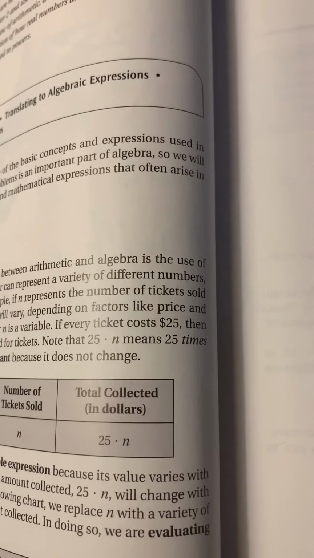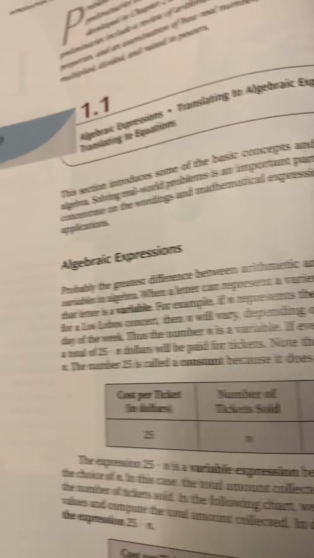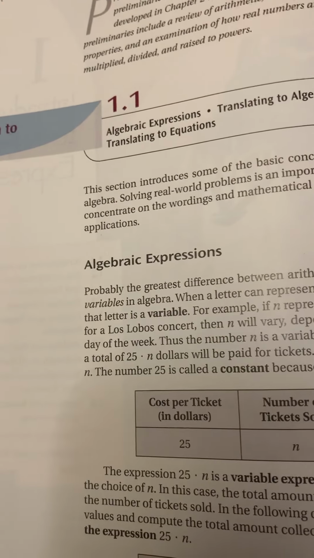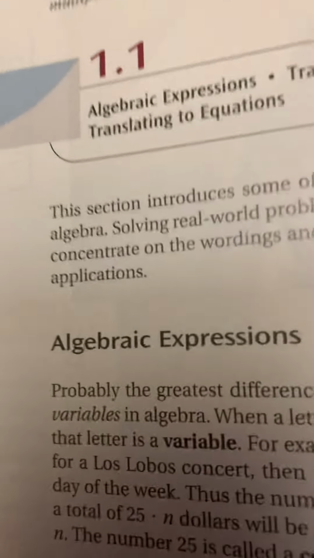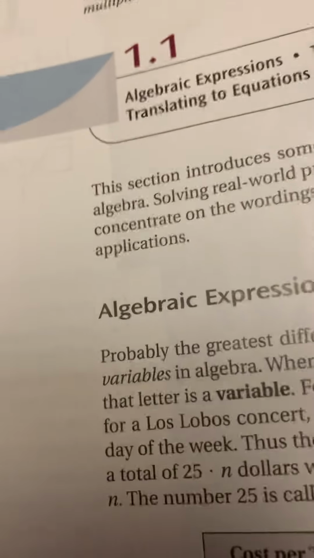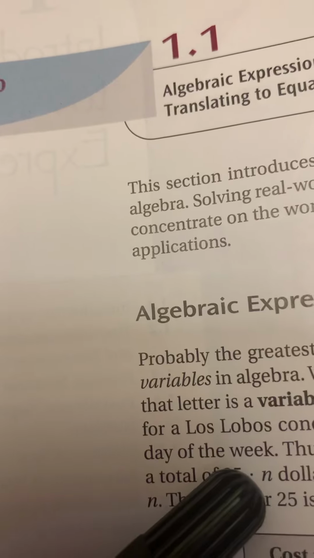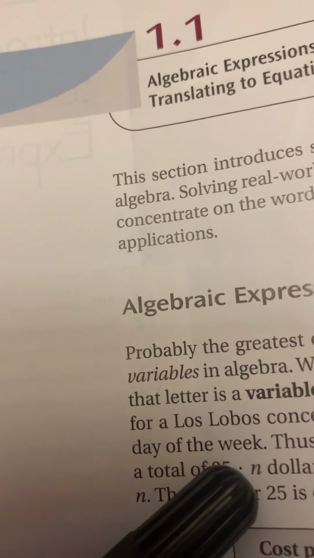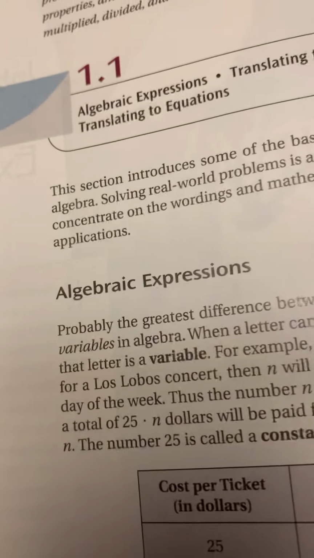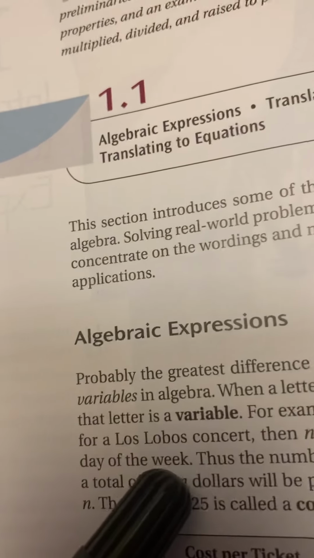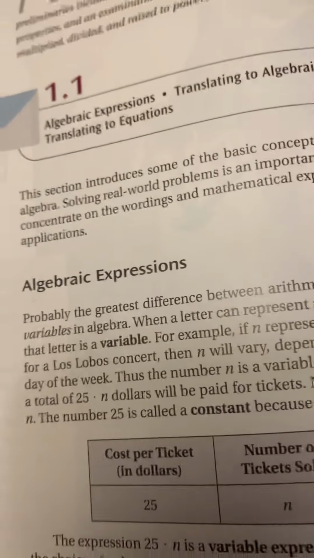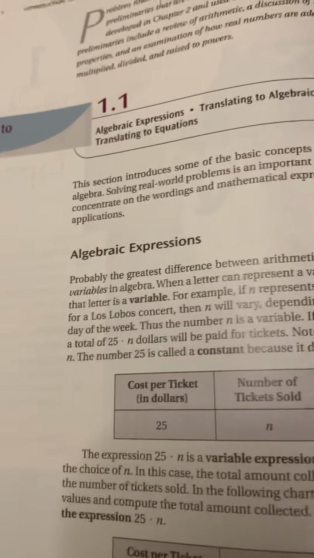If every ticket costs $25, then a total of 25, and you see that little dot in the middle? That dot means times. That's a multiplication. So 25 times N dollars will be paid for tickets.